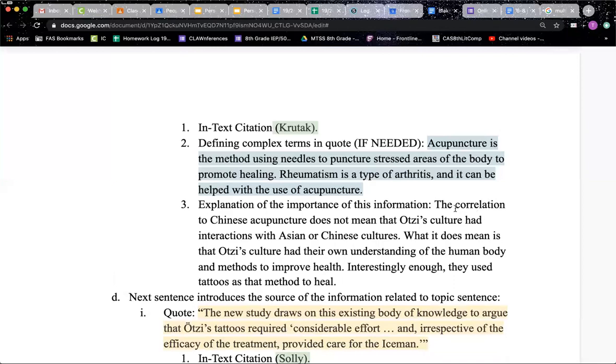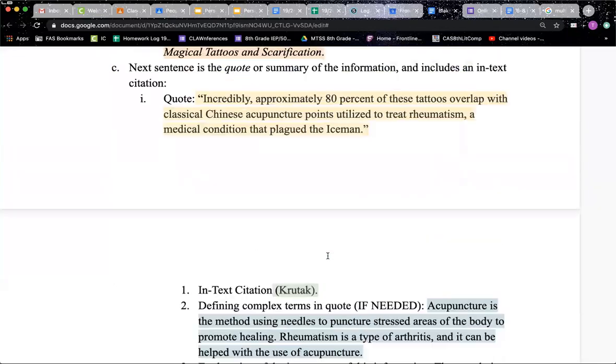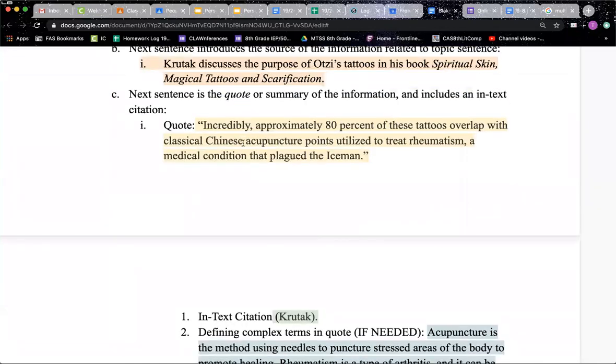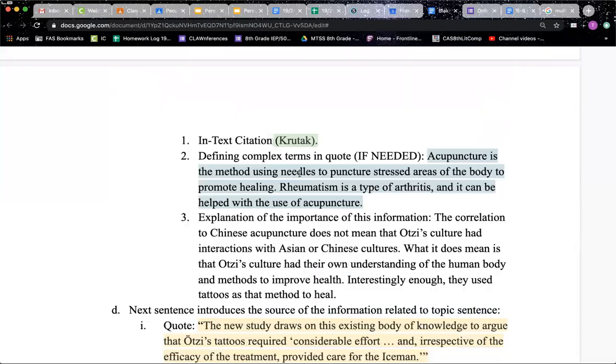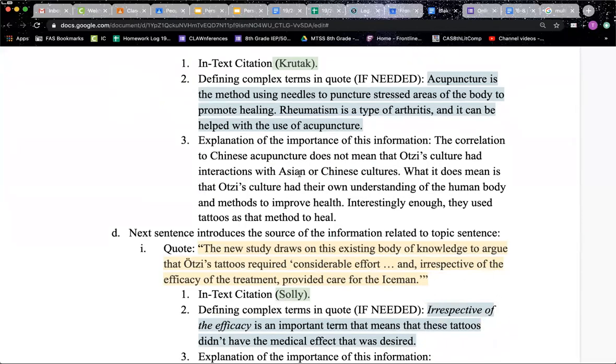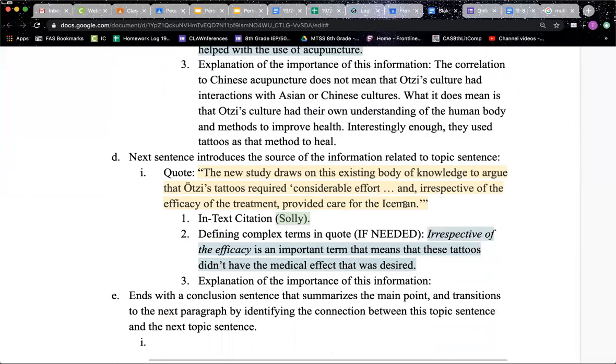Because with this longer explanation, I'm showing that Otzi's culture didn't learn Chinese acupuncture, but instead, and this is why it's so incredible, this culture from the Alps had their own understanding. They had developed their own system of healing through tattoos. And I think that is pretty interesting or incredible.